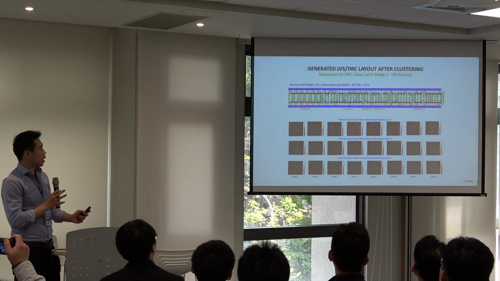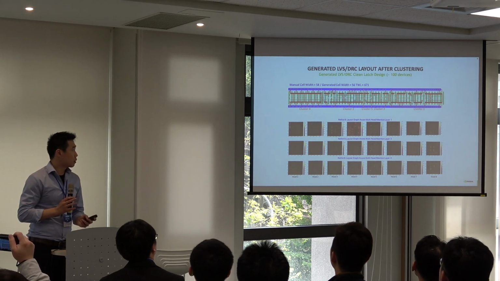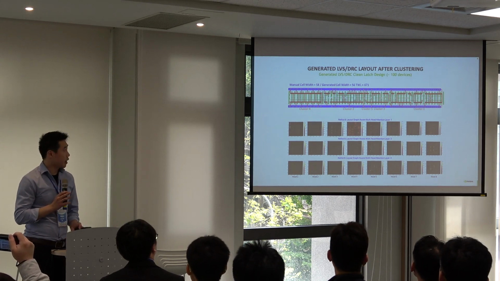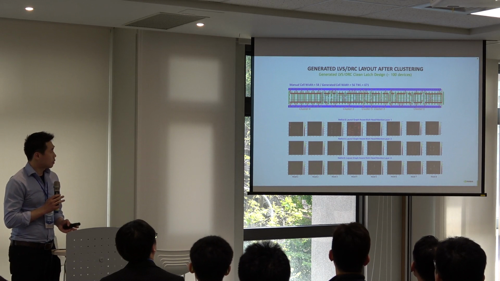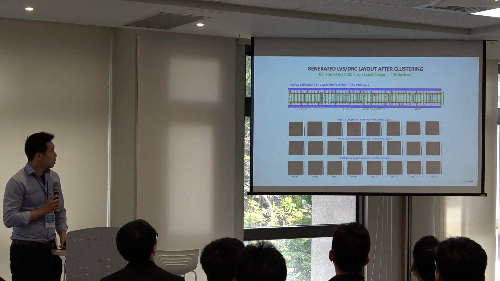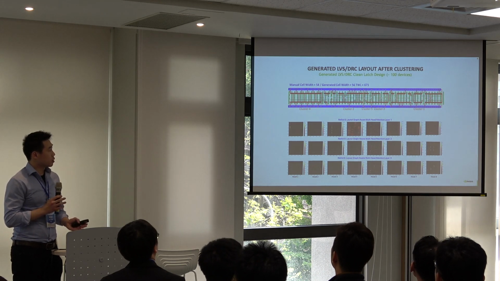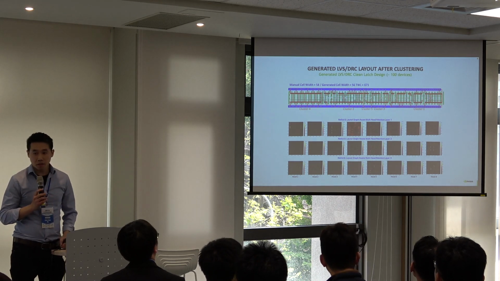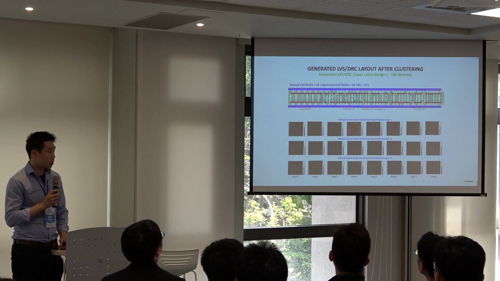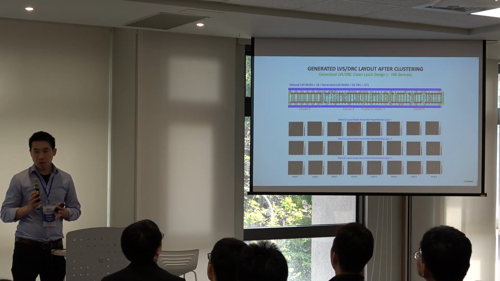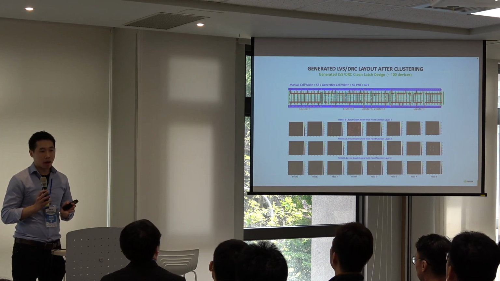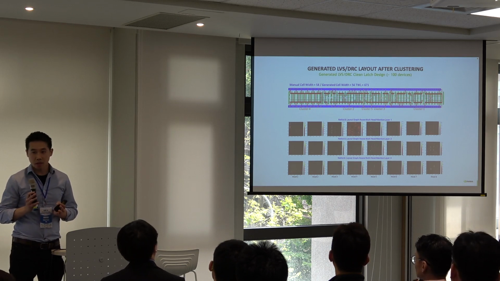And here is one of the examples we generated, an LVS and DRC clean layout in the 5nm technology node. As you can see, we got a smaller cell width compared to the industrial library, which is pretty impressive, because usually the cells in the industrial library are highly optimized by experienced human designers.